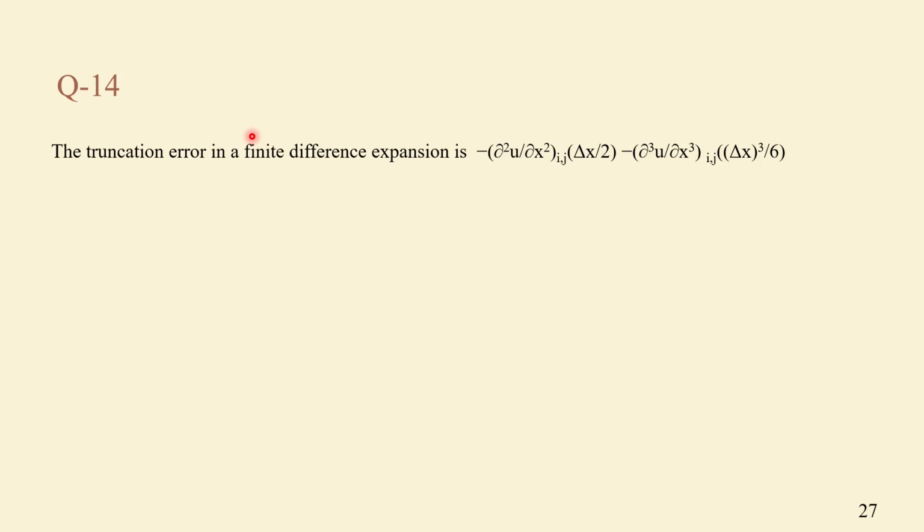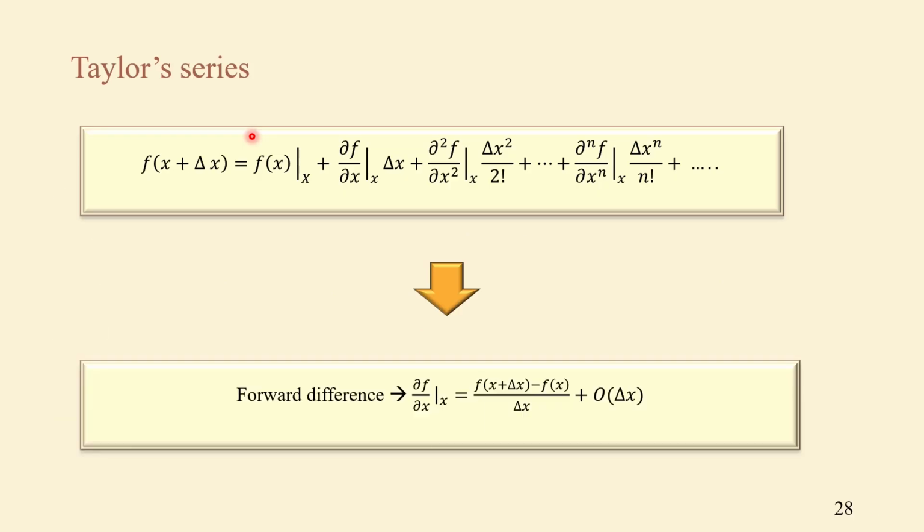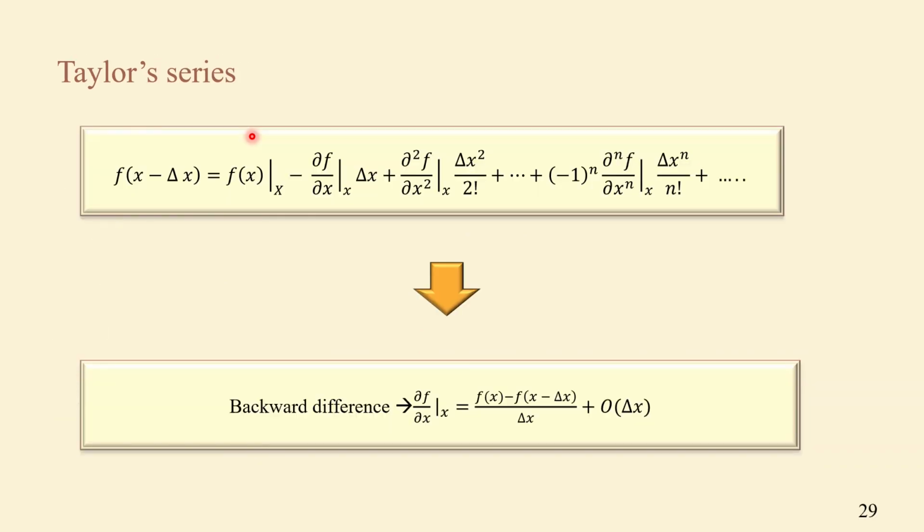When we go back, this is for the backward difference, and we can see that it is first order. How is it first order? Because we are using f of x minus delta x is equal to f of x minus dou f by dou x into delta x. We are neglecting all these terms. After that, we interchange the equations, take this term to the other side, and divide the whole equation by delta x.